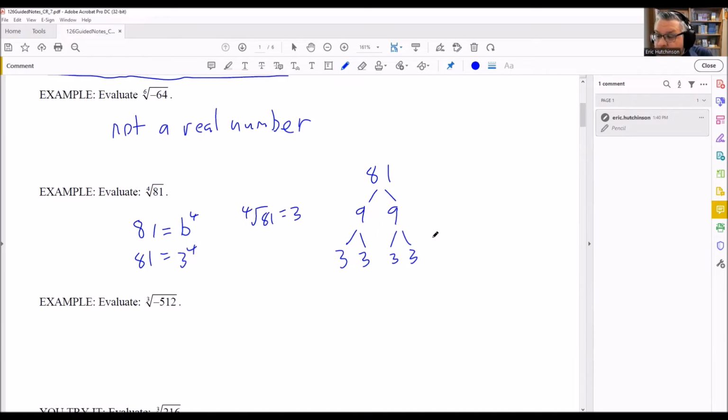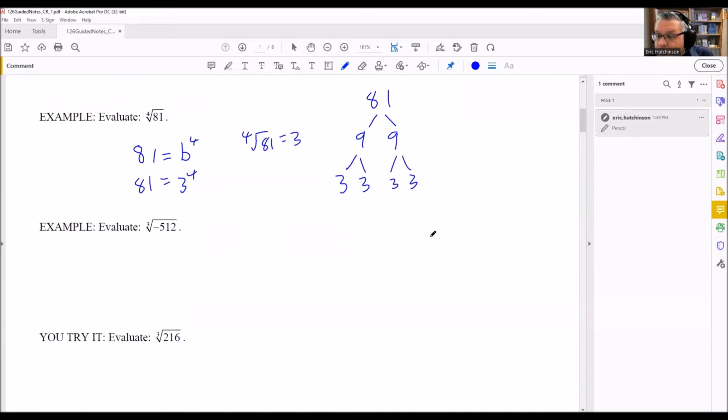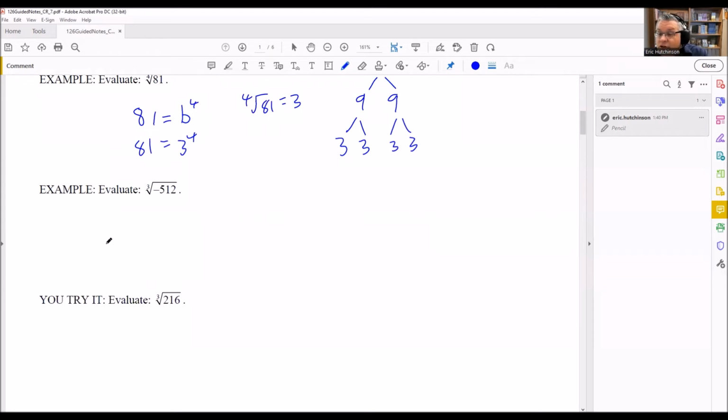Let's do another couple examples here. All right, so I have the cube root of negative 512. So what I have to do is say negative 512 will be equal to some number raised to the 3rd power. I've got to find out what that number is, and that's going to give me the answer for this problem.